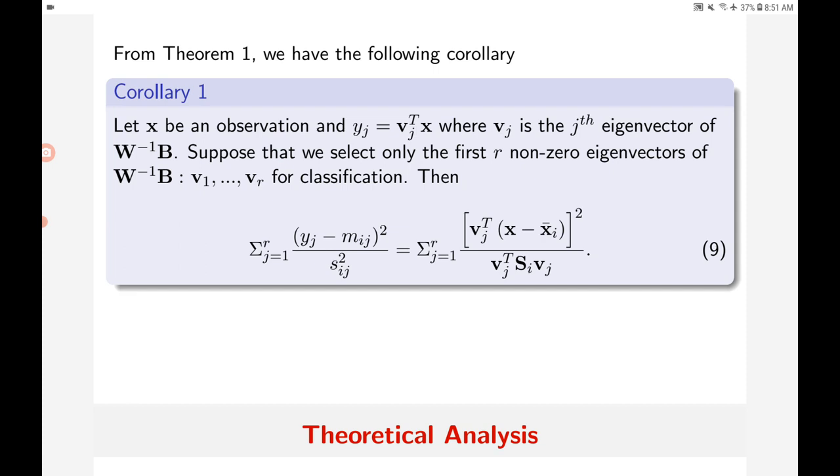Then we have equality number 9. And this equality shows the relation between the quantities in the original space and the quantities in the projected space.